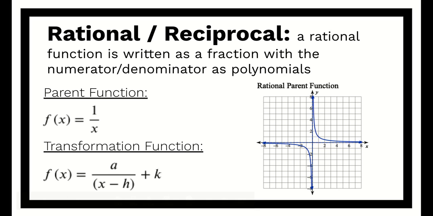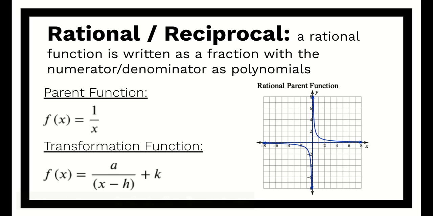So it looks like it's leaving the x-axis from both of those sides. And then if I become negative, that's reflecting it. And then again, that a value is increasing, so it's stretching.